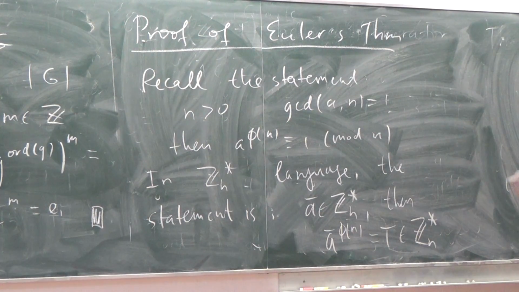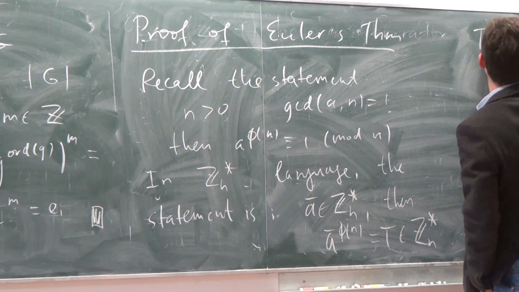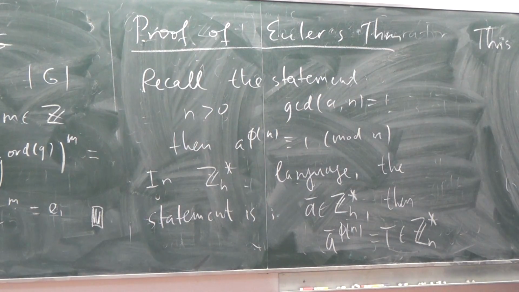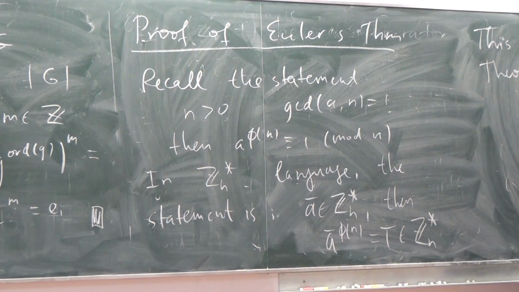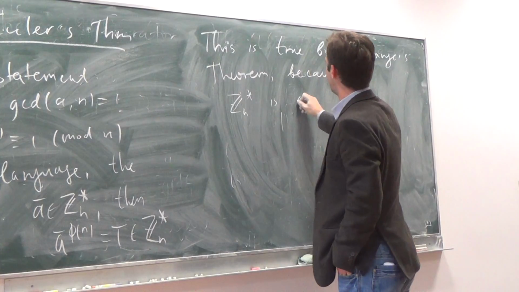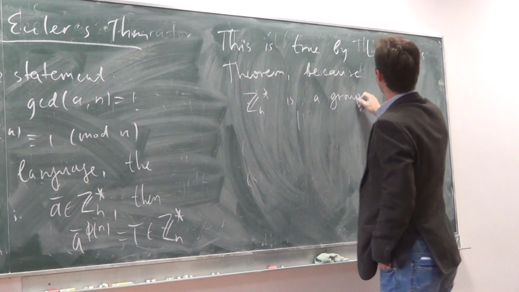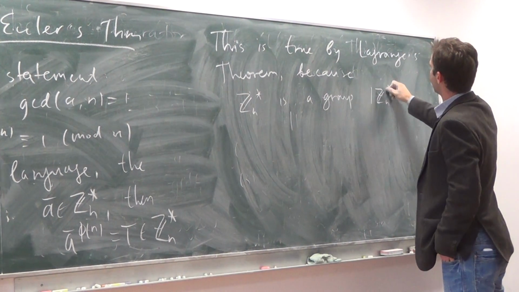Okay, right, but this is true by Lagrange's theorem. Because, right, I have a group, Zn star is a group of order phi of n.